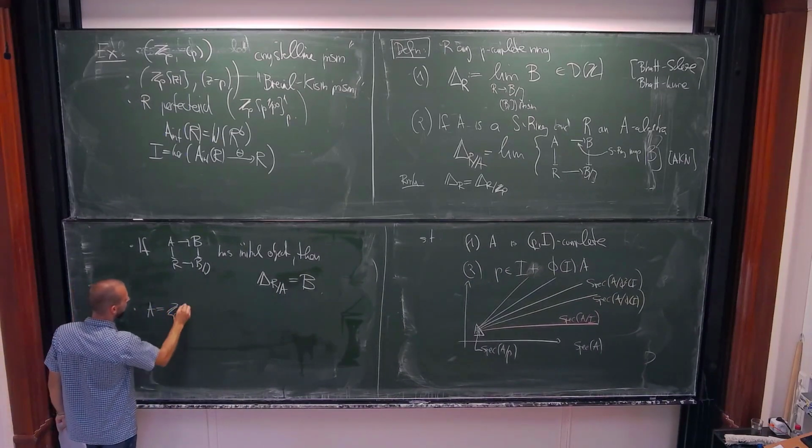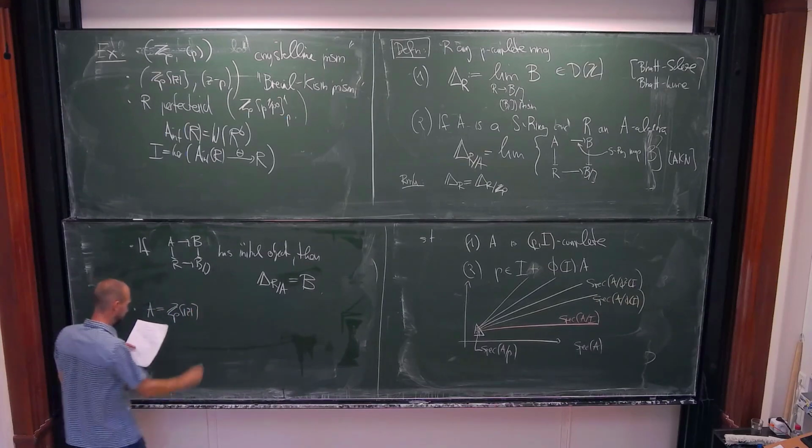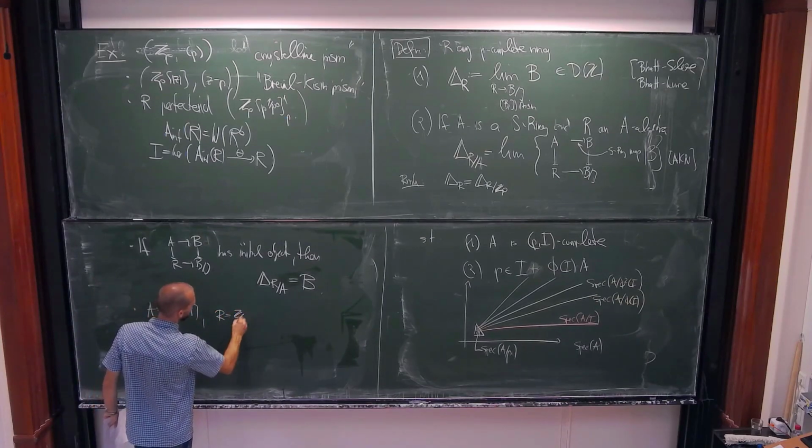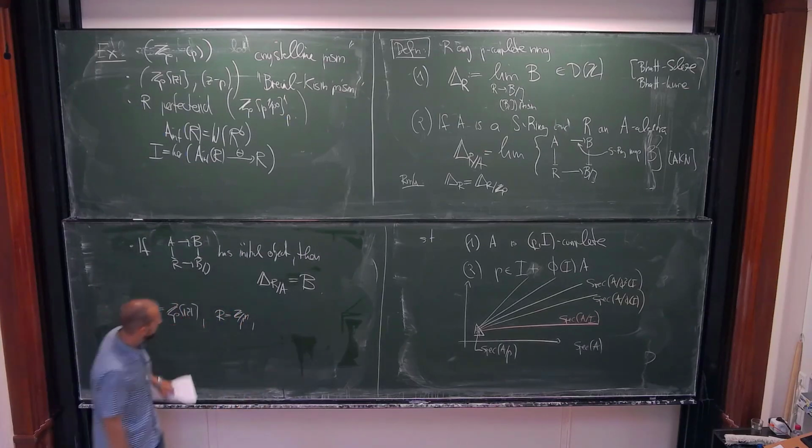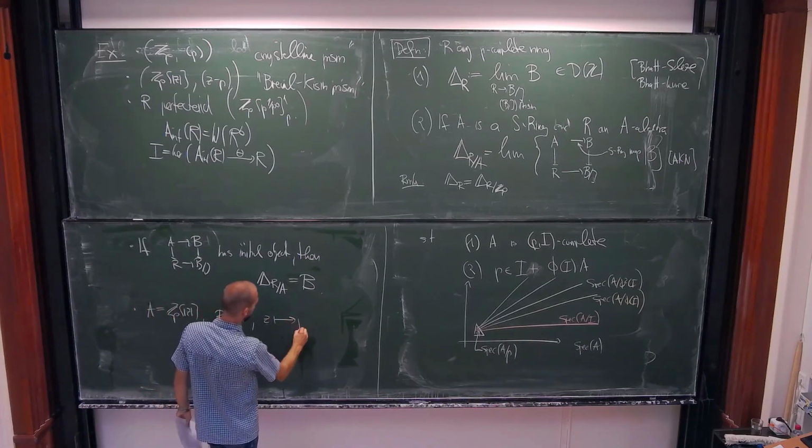So for example, if A is this guy, and R is Z mod p to the n, then to make R an A-algebra, I have to tell you where to send z. I'm going to send z to p.